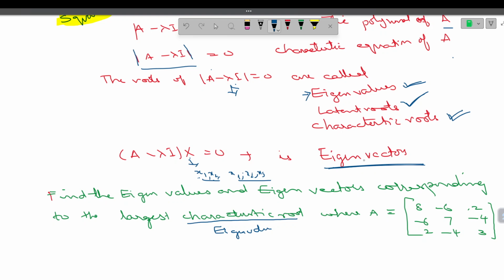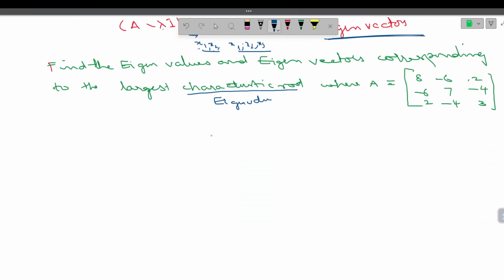Three eigenvalues we are finding, corresponding to lambda equal to one value, lambda equal to another. So for a square matrix we have eigenvalues and eigenvectors. Let's go for a problem.